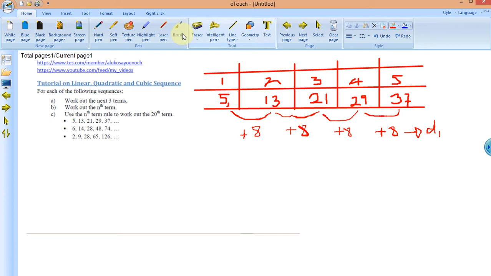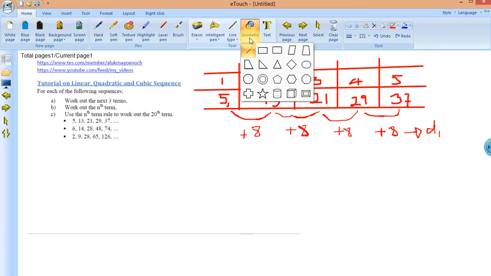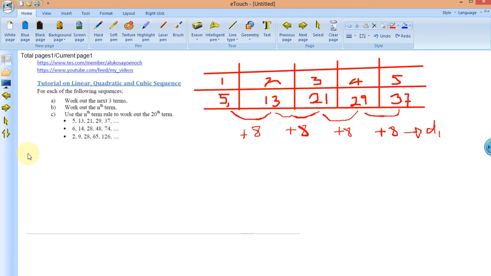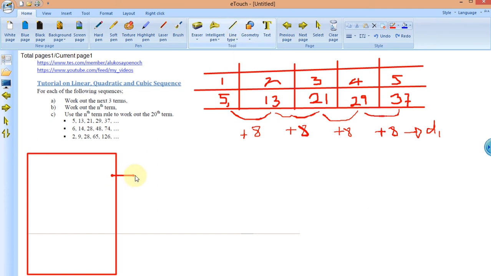Let me just put something down here too. Table method is such that if I have first difference, then I'll use this concept or formula. If it's second difference, then I use this concept of formula, and for the third difference I use this concept of formula.